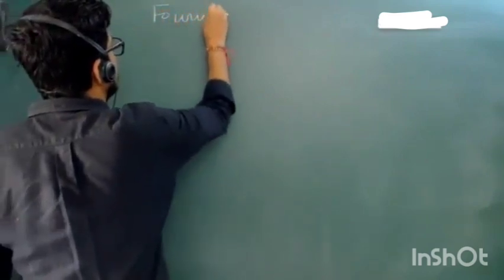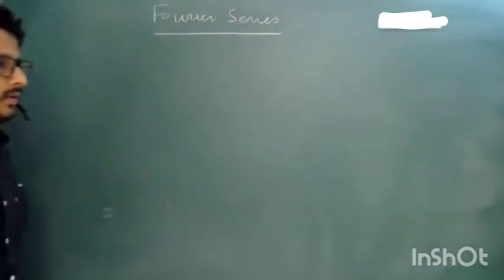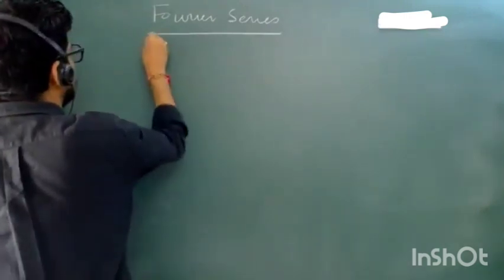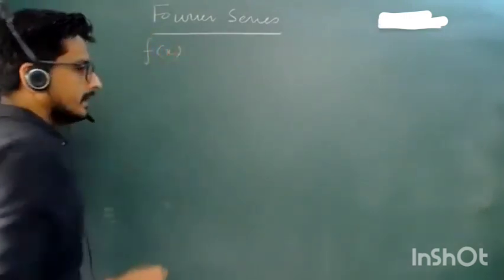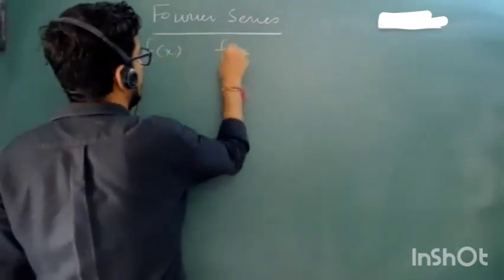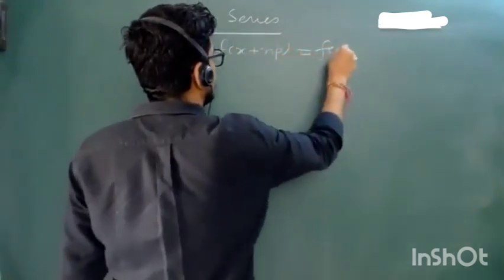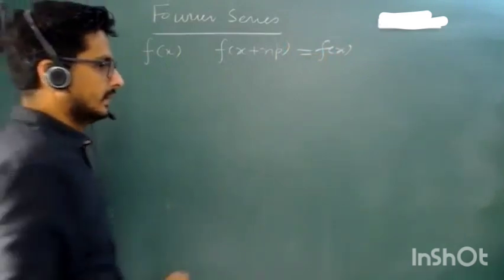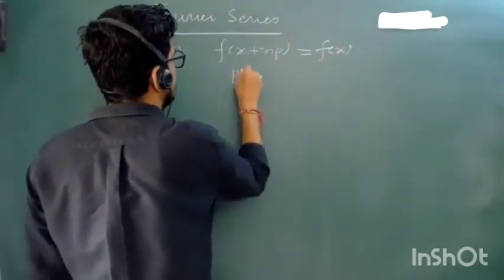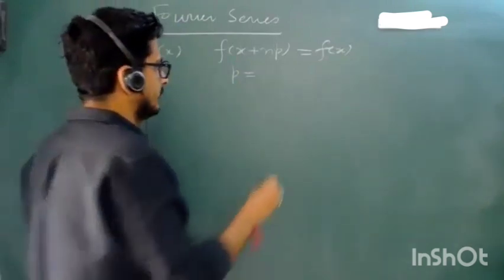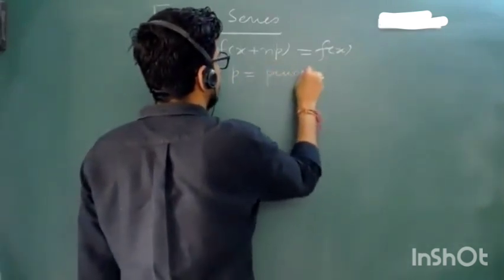Fourier series we were discussing, and I gave you an introduction in the last class. I told you about the period: suppose there is a function f(x), and we write f(x + nP) and it again becomes f(x), then this P is known as the period.